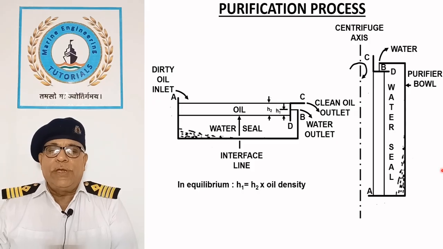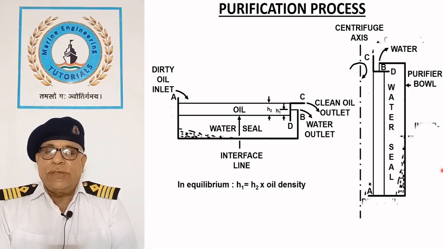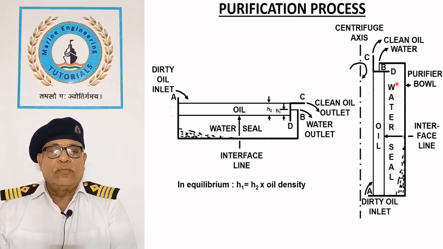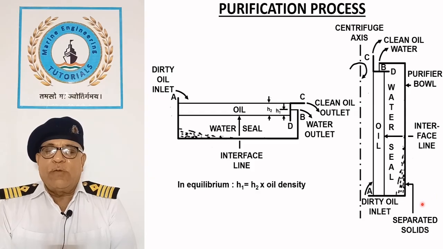The dam ring CD establishes the height of clean oil outlet. When dirty oil is supplied from A, it displaces the water to form the oil water interface and clean oil leaves from the outlet C.